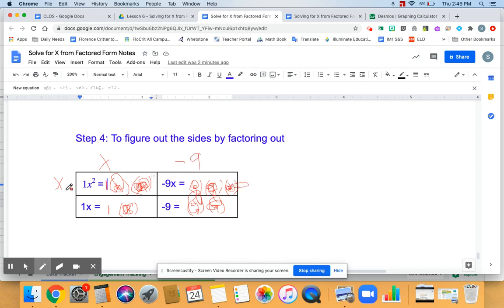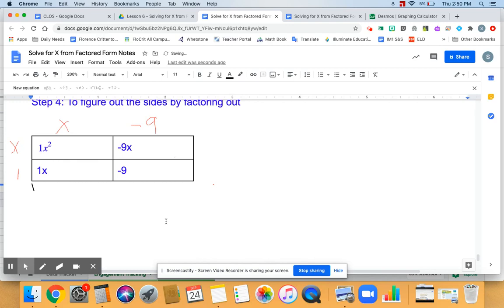And if you check, -9 times x is -9x. Then for down here, there's no more x, and the only thing that's left is just this 1. There's not even a 1 in this box, but there's always an invisible 1, because 1 times 9 is still 9, right? So all that's left in both of these is the 1, and if I check it, -9 times 1 is still -9.